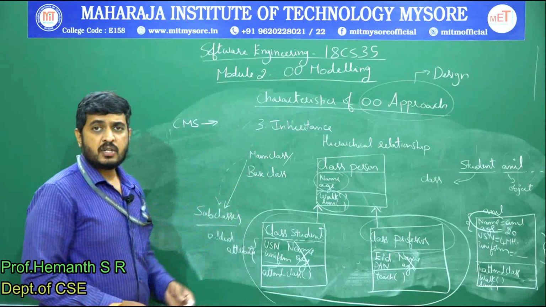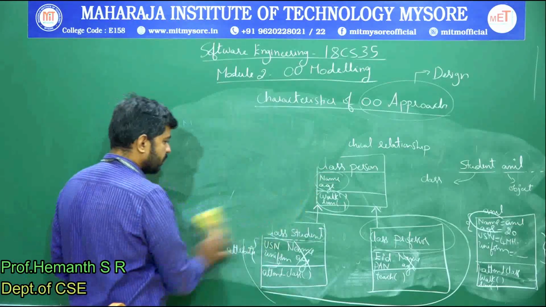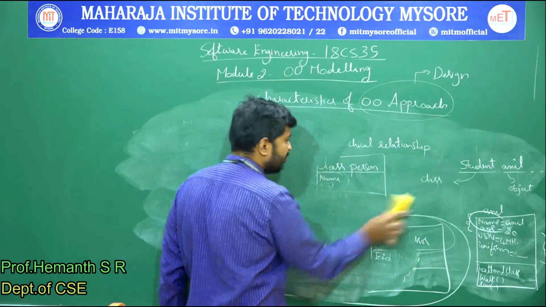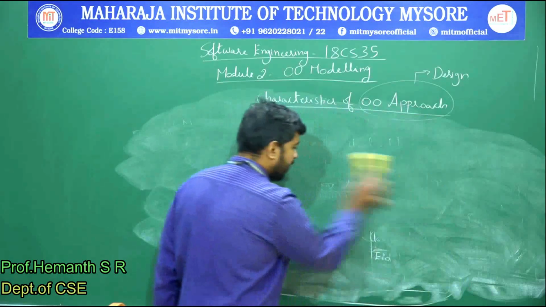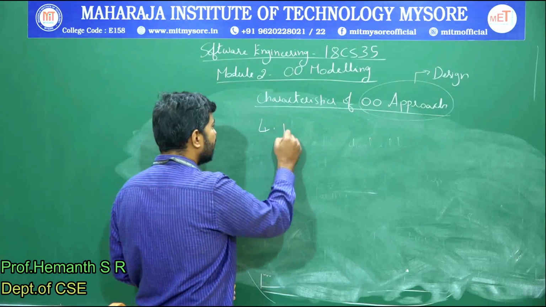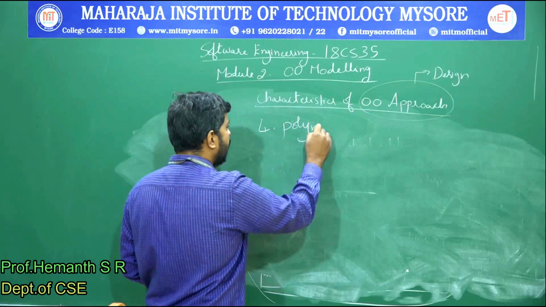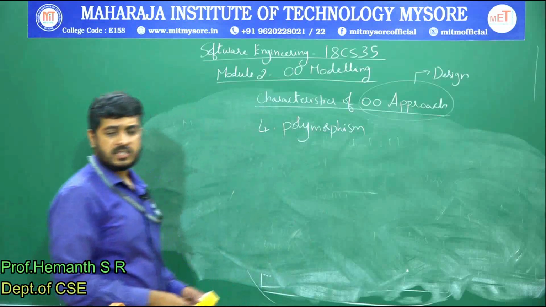The next characteristic of the object-oriented approach is what we call polymorphism. So what is polymorphism?